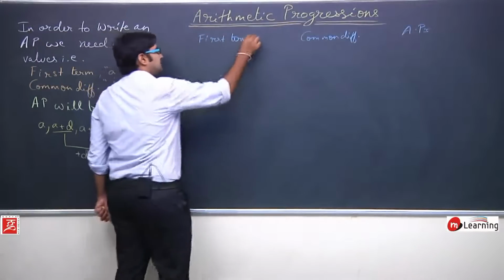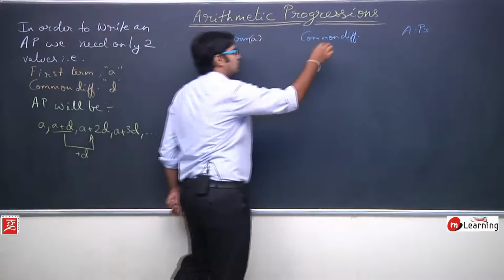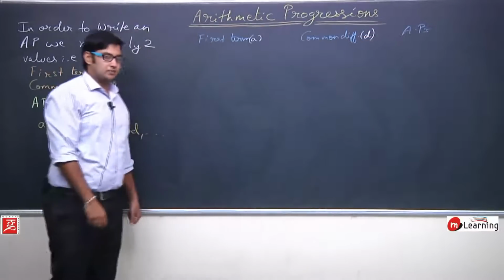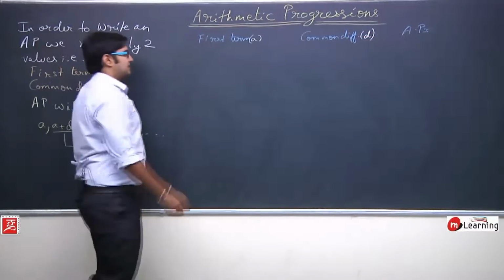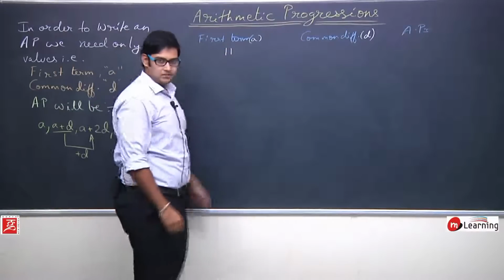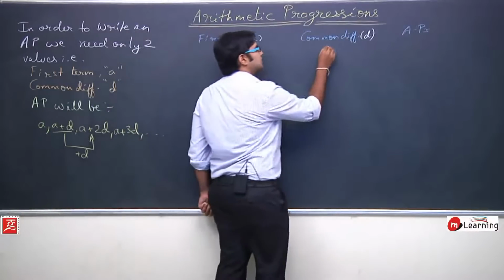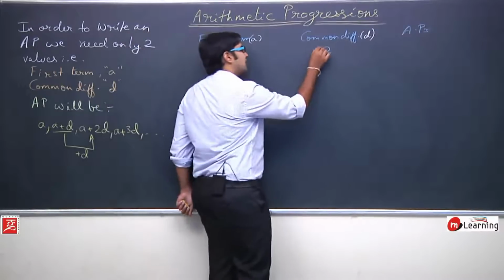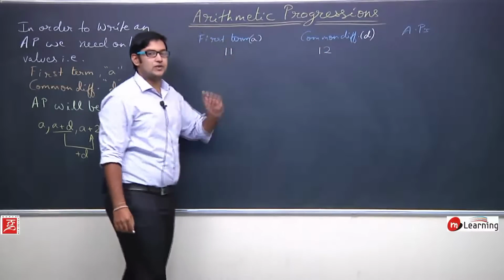First term is denoted by A, common difference is denoted by small d. You need to remember this. So if I say that the first term of my arithmetic progression is 11 and the common difference is 12. Okay, let us take it as 12.